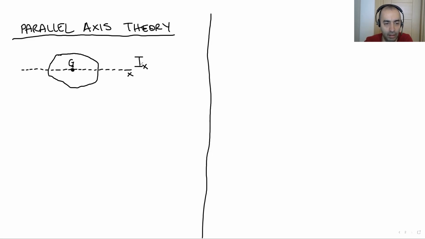If I want to change the moment of inertia values according to a new axis, which is here, this is a new axis, x prime.